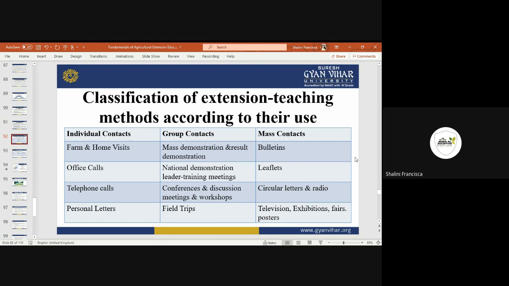Then the group methods: method demonstration or result demonstration, training meetings, conferences, meetings, workshops. Then field trips, where 20-25 people are grouped together and all go to some area where people have done demonstrations on many products and have adopted new technology.